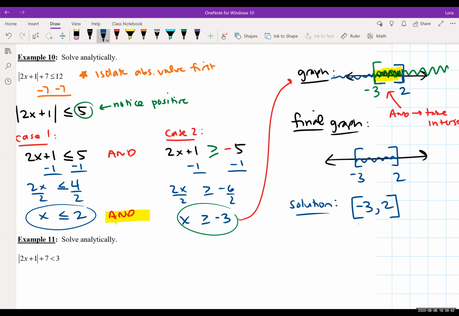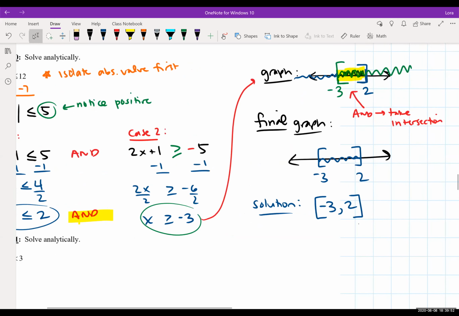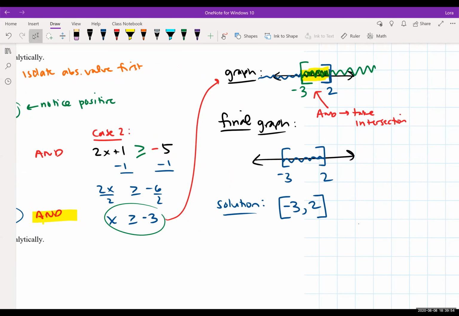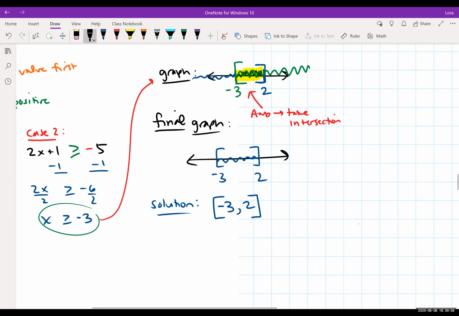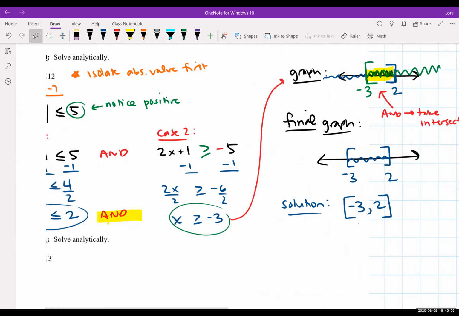Now, what I'd like to play with is there is a straightforward procedure that you can take without having to draw the graphs. So I'm going to do this one more time with you. This is good if you have an idea of all the special cases.